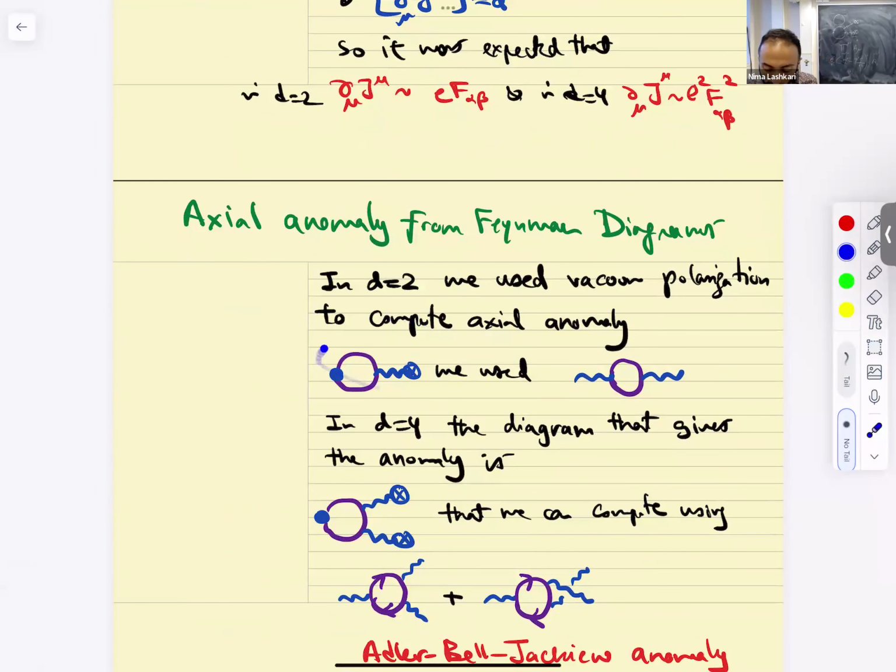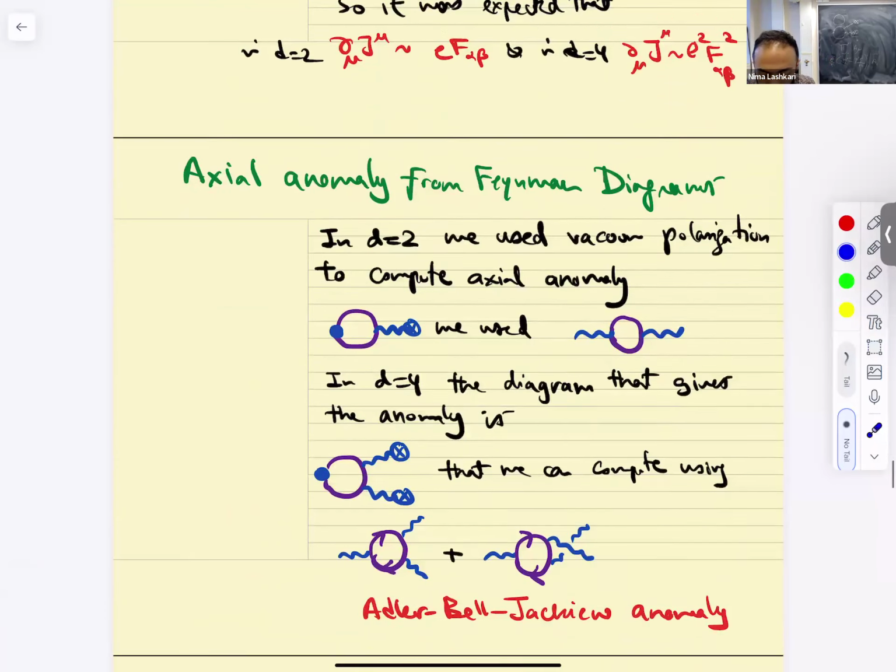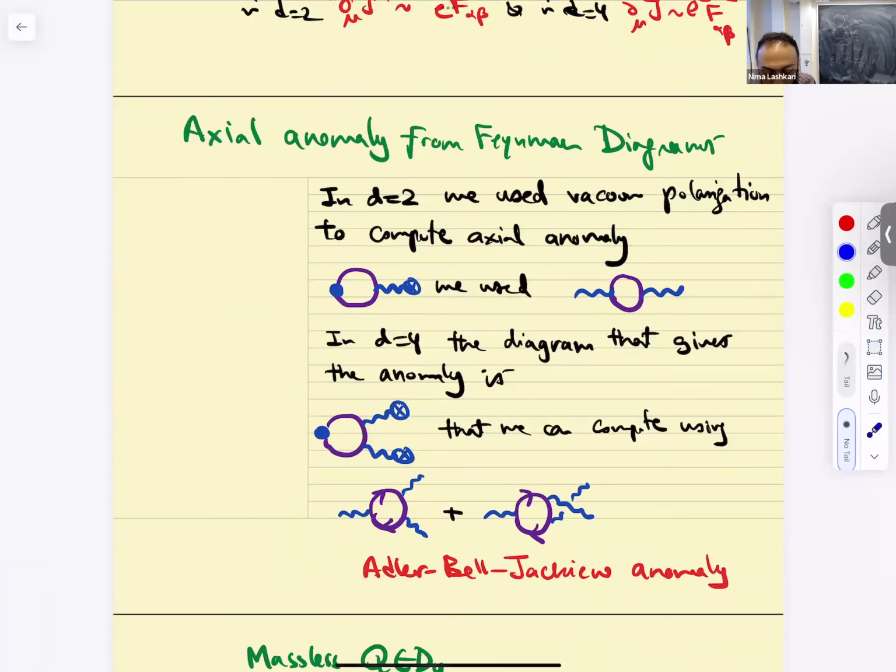So in D equal 2, we use this diagram, and in D equal 4, the diagram that gives us the anomaly is this guy. And the analogous thing for vacuum polarization is going to be this diagram.